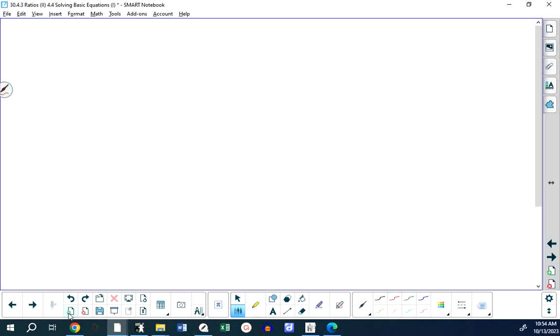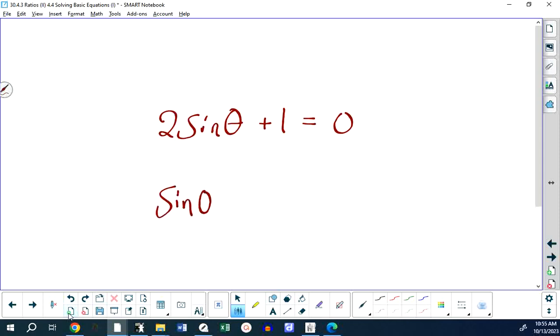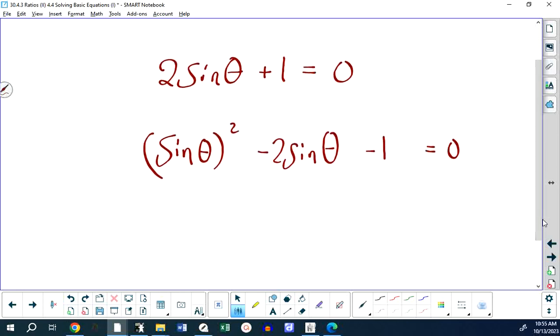Just because I can see some of your eyes darting around wondering what I'm talking about. This is an example of a linear trigonometric equation. This is an example of a quadratic trigonometric equation. And by the way, I might as well get this out of the way.